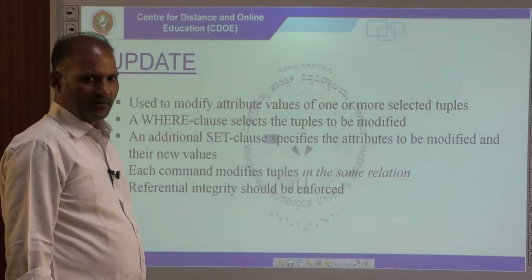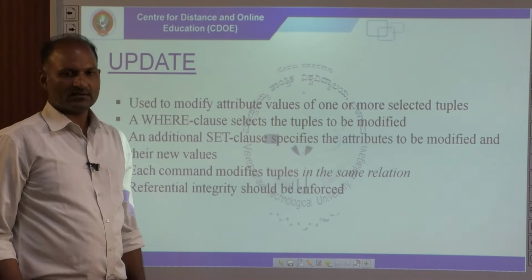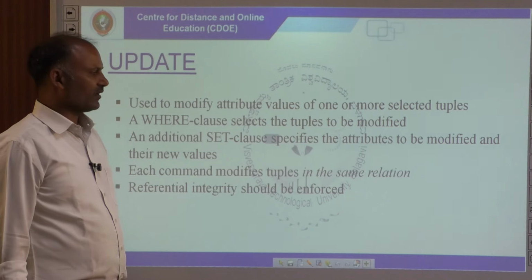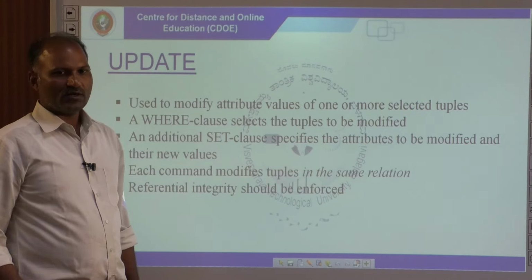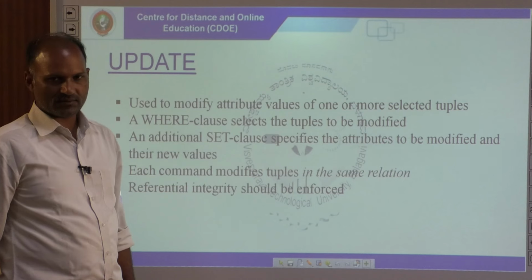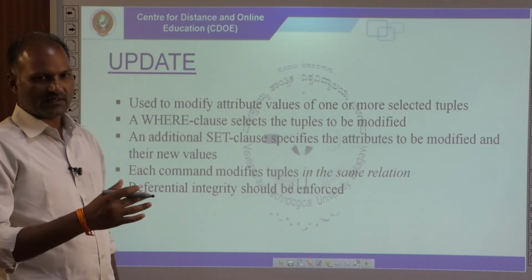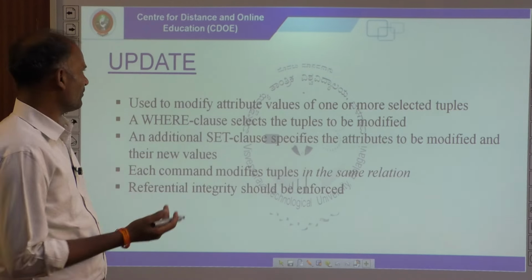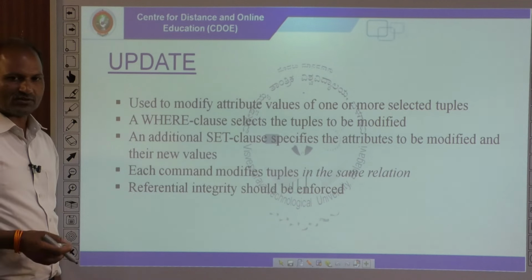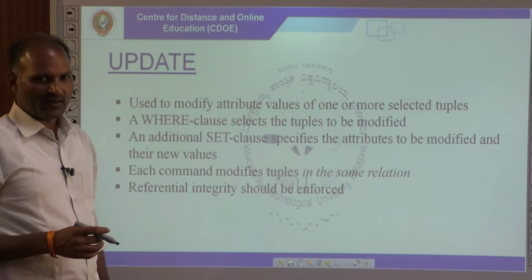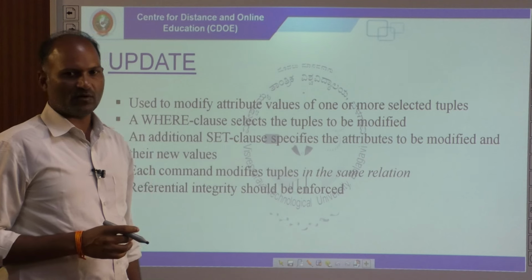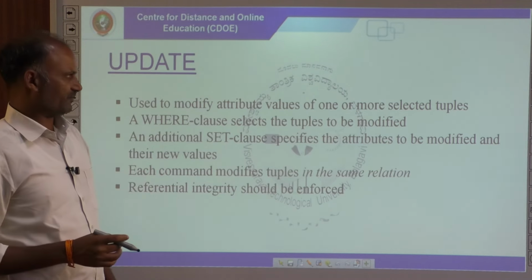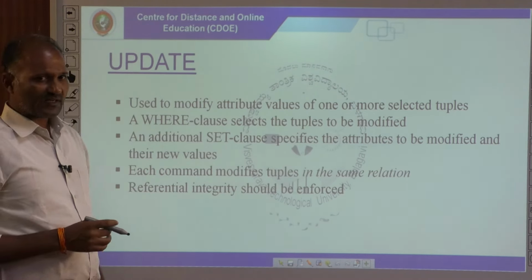Next is update. As I said, update is another SQL command used to change the database from one state to another. Update is used to modify the attribute values of one or more selected records.